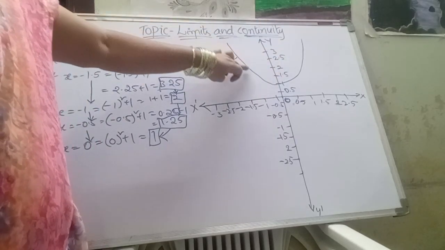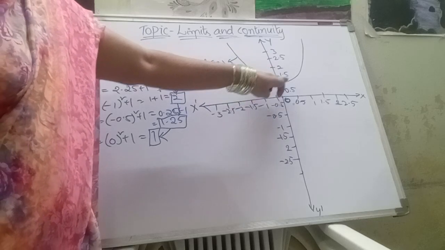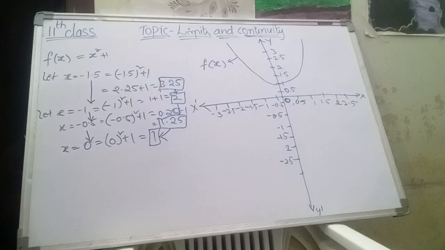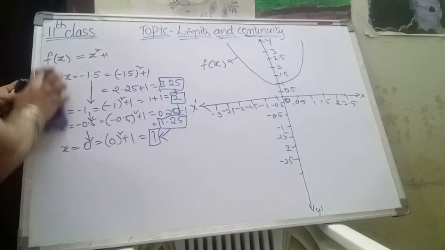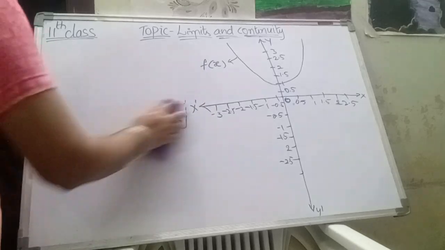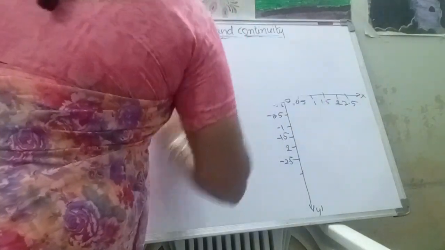As it is moving towards 0, the f of x value moves towards 1. So what we can say is that these are the limits, right? Let us see the definition for this one.